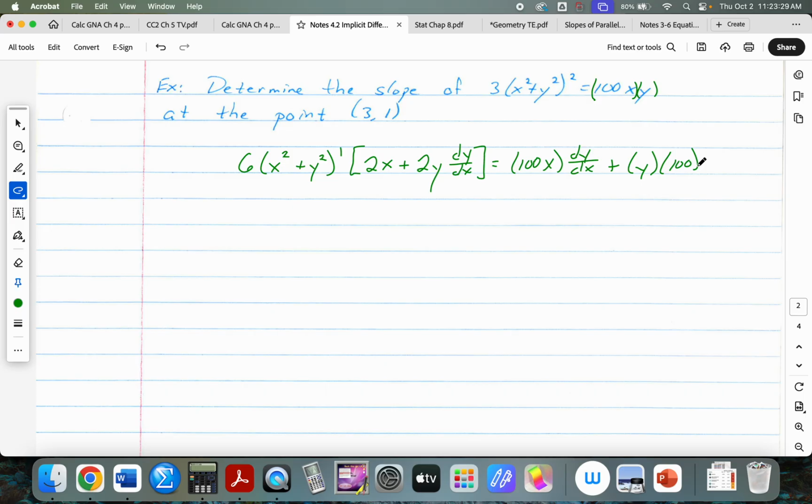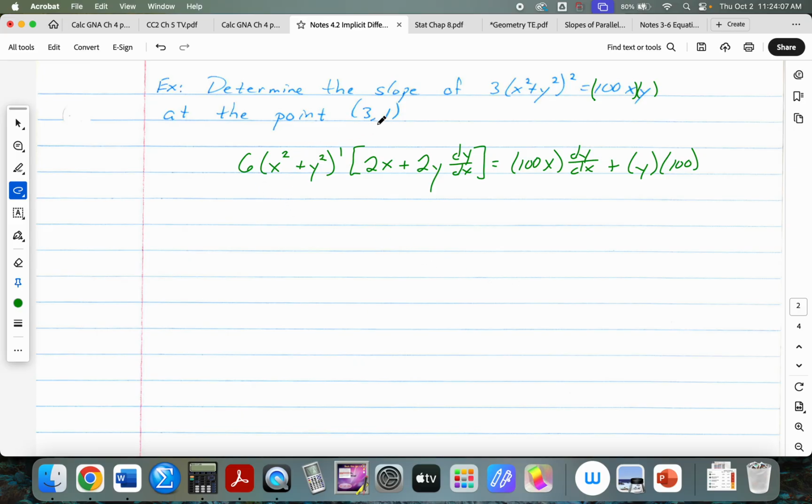Trying to solve this for dy dx, you've got to distribute all this inside of this, bring this over. I mean, it is ugly. But if you go ahead and substitute in 3 for x and 1 for y, it gets a lot nicer, a lot faster. So when you're doing one where you're actually looking for a slope by substituting in the coordinates of a point, take the derivative and don't try to simplify it algebraically first. Go ahead and substitute in.